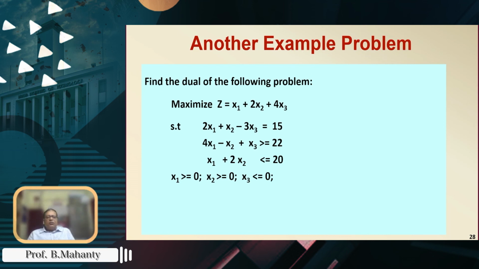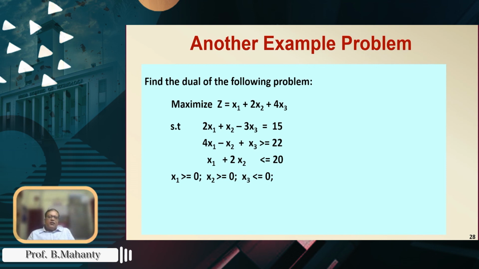The first one is equal to, so the corresponding dual variable y1 should be unrestricted in sign. The second constraint is greater than or equal to. Now greater than or equal to is non-standard for a maximization problem, so in the dual, y2 should be less than or equal to 0.